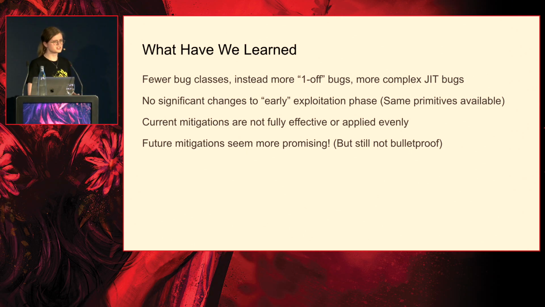Additionally, there isn't really much difference in the early stages of exploitation. It's pretty much the same as it's been for years. But the later stages are a little bit trickier in some cases, but not too bad. Future mitigations, though, are starting to look worse, as all these other CFI implementations come in, as they patch more bypasses. It is going to become harder and more of a concerted effort to actually bypass these things. But it's still not completely bulletproof.